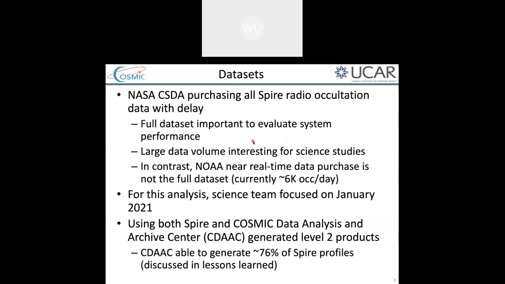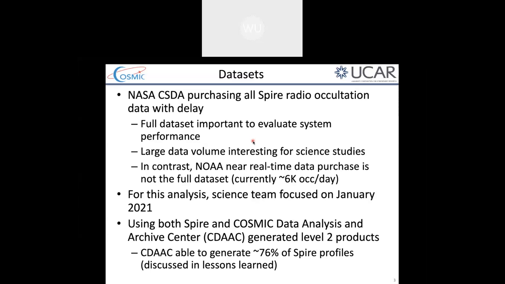One thing that's very nice about it is that it's, I believe, the whole data set, everything that they are collecting from the Spire constellation. So it should really give you a representative view of the performance of the constellation. And I'll just point out, this is in contrast to the NOAA purchased Spire data, which we also process in near real time for operational and science users, but that is a subset.